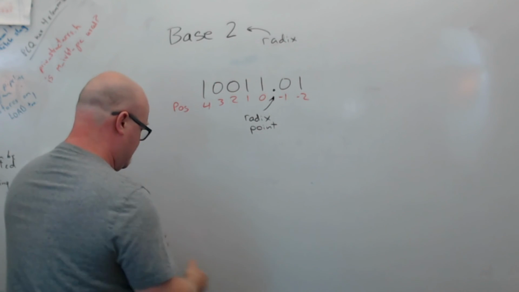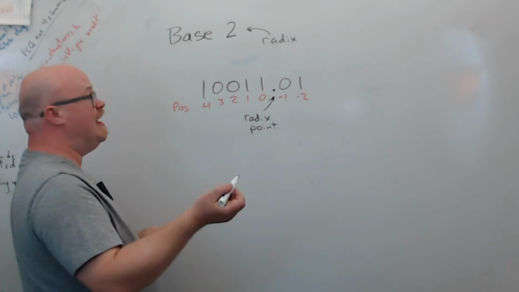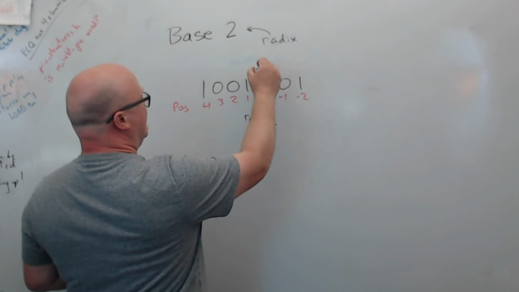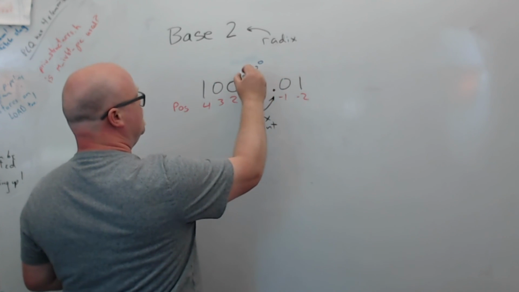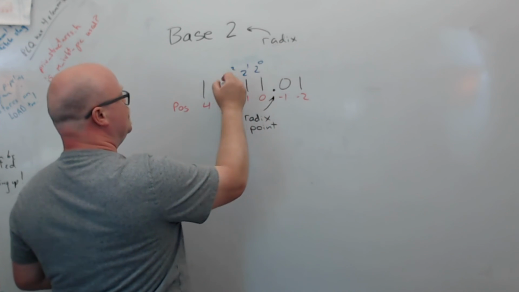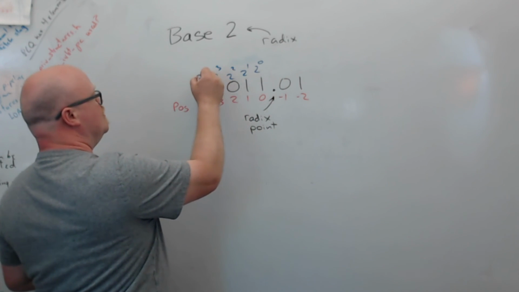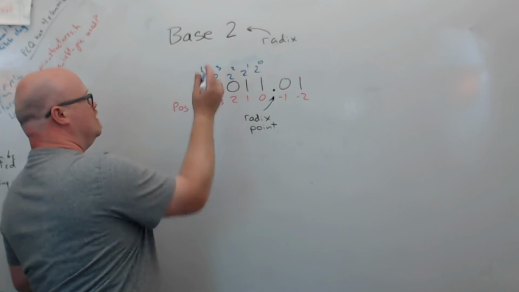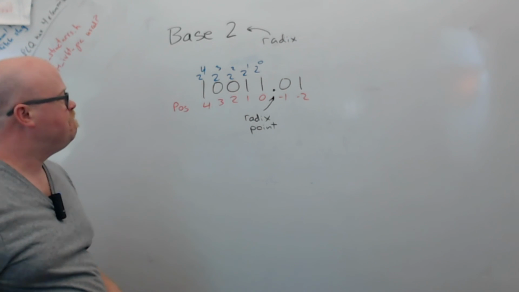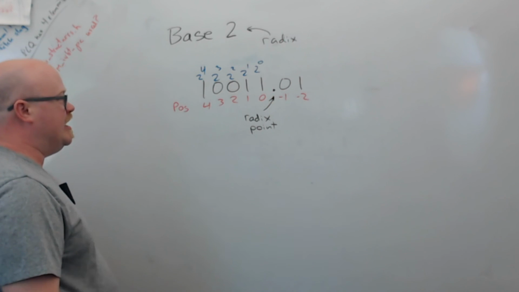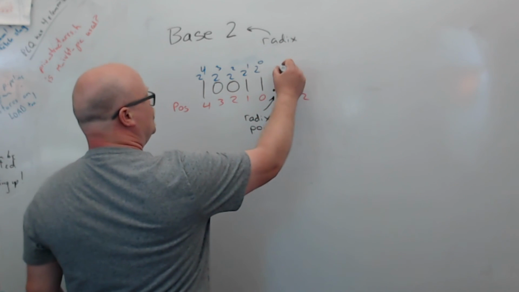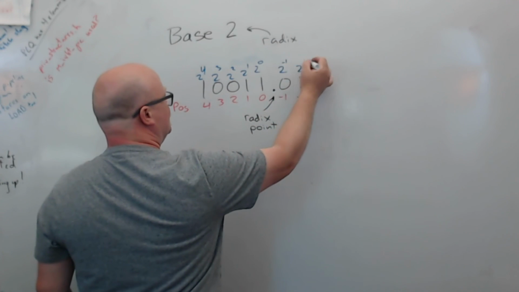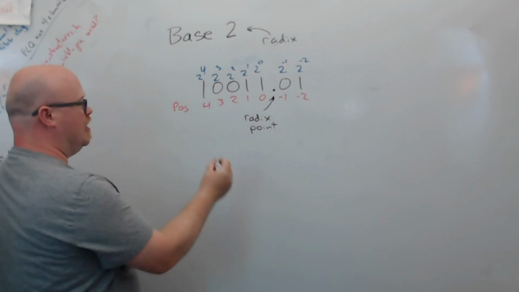That means from the perspective of each position's value, we are looking at 2 to the 0th, 2 to the 1st, 2 squared, 2 to the 3rd, and 2 to the 4th for these. That's a better 4. To the right of the radix point, however, we're looking at 2 to the -1st and 2 to the -2nd power.